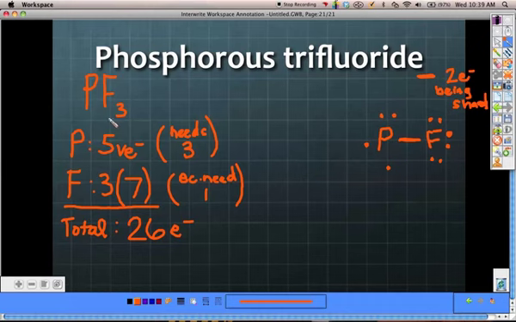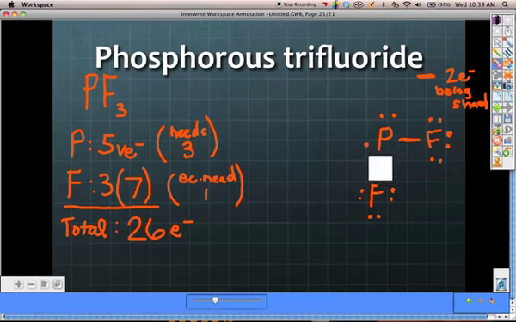Well, I don't have all 3 fluorines out around my phosphorus yet, so I'm going to put another fluorine down here. 1, 2, 3, 4, 5, 6, 7, and we'll clean it up. And that electron from phosphorus and the electron from fluorine are going to get shared.